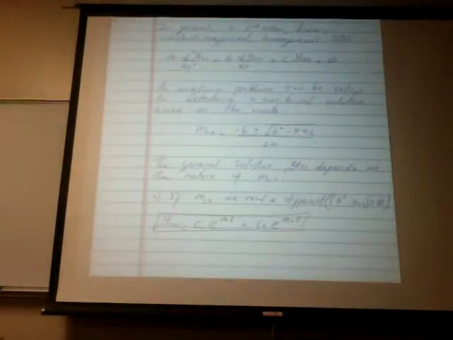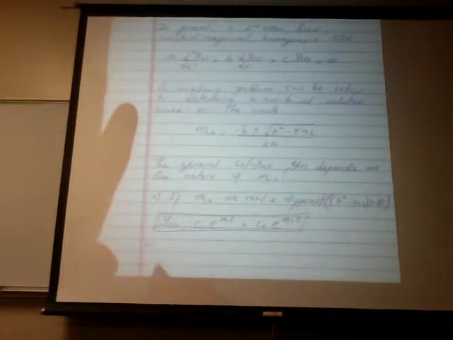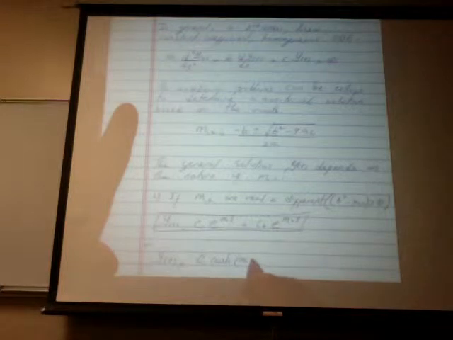We call it a general solution because it is a family of solutions. Any value of c1 and c2 will satisfy this equation. Or we can also express this as c1 cosine hyperbolic of m1t plus c2 times the sine hyperbolic of m2t.